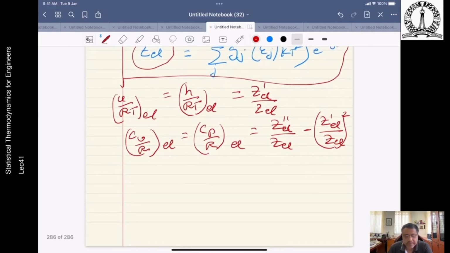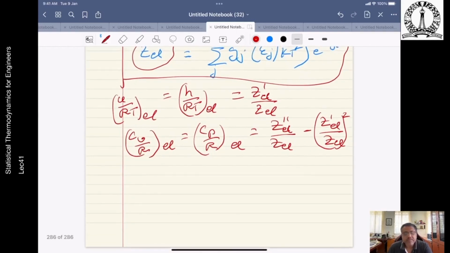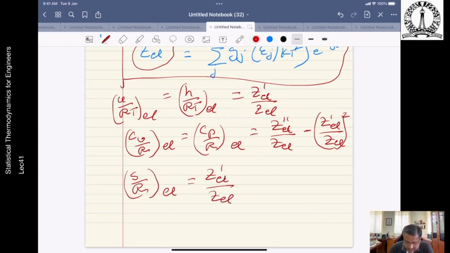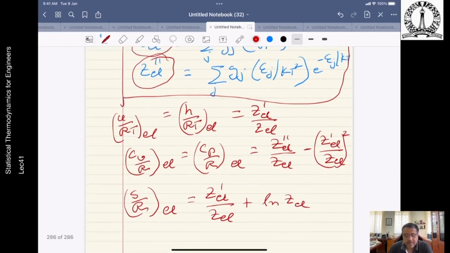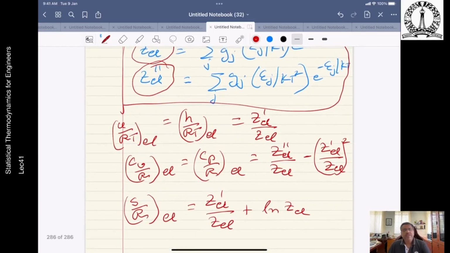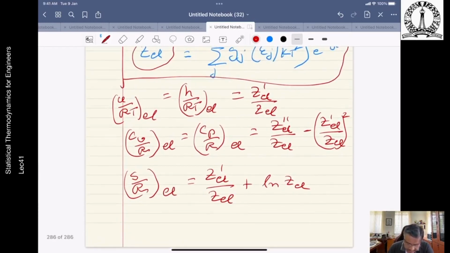Similarly, we can obtain S by R electronic, plus ln Z_EL. Okay, so if you have to calculate the specific heat, these are the expressions.